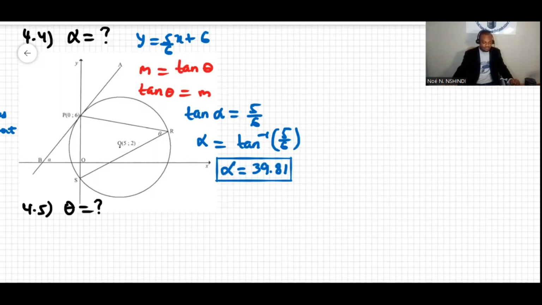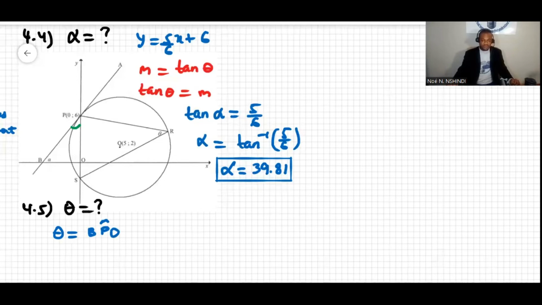So according to the tangent-chord theorem, we will say that theta will be equal to the angle formed by the tangent and the y-axis. So theta will be equal to the angle BPO.